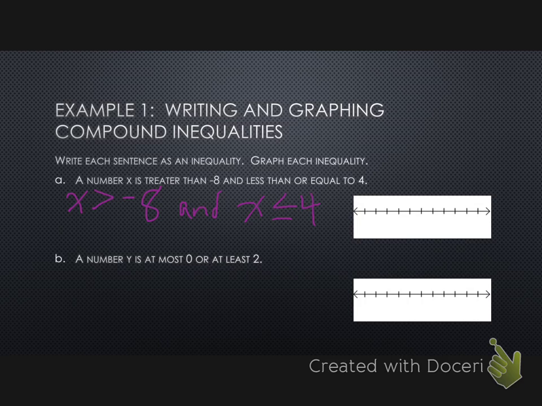So to graph that, I'm going to look here on the graph. x is greater than -8, so I've got a circle. We'll say this is -8 right here, an open circle.